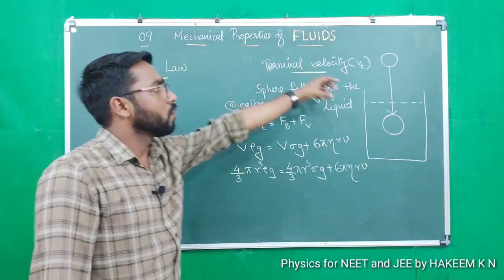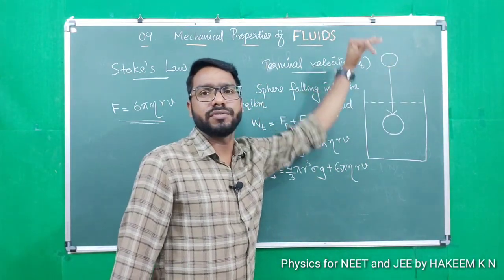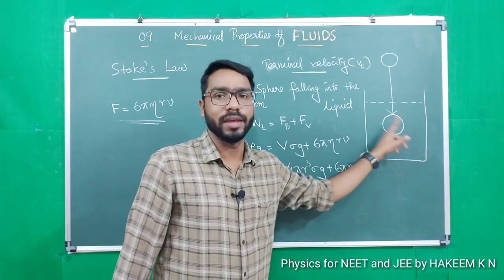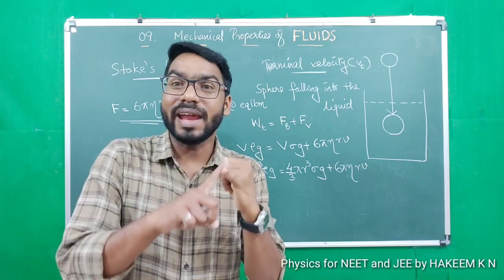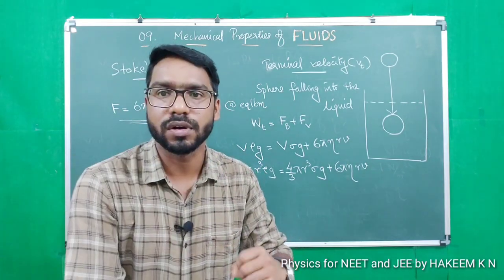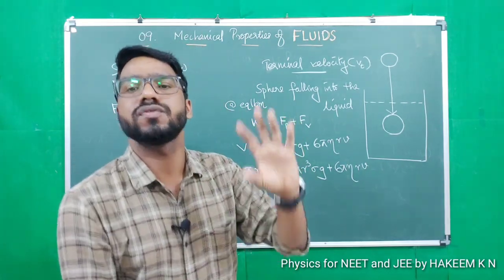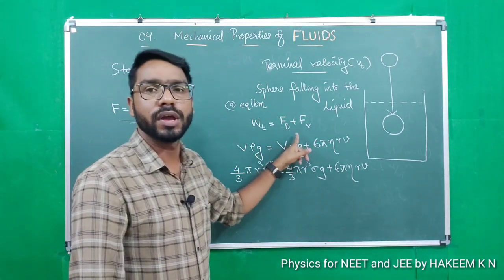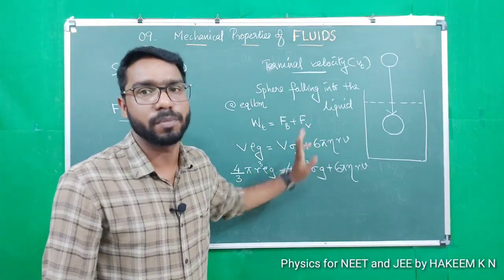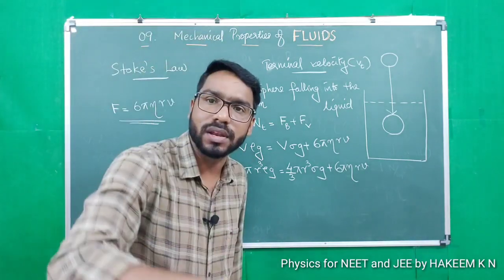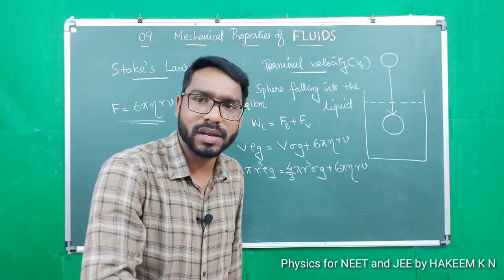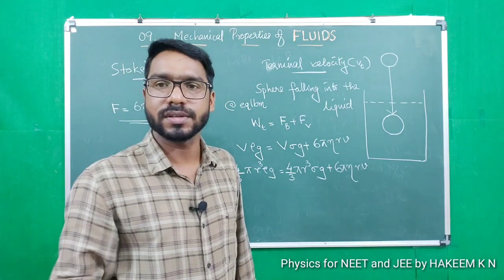Then when a sphere of radius r is falling or moving through a liquid, it will get, in addition to its weight downwards, a buoyant force and a viscous force upwards. When the body is just falling into the liquid, it experiences both forces upwards.